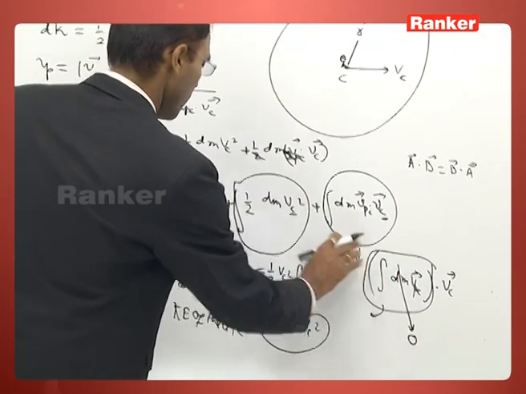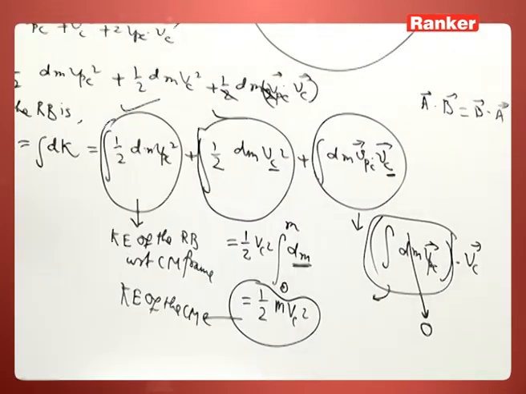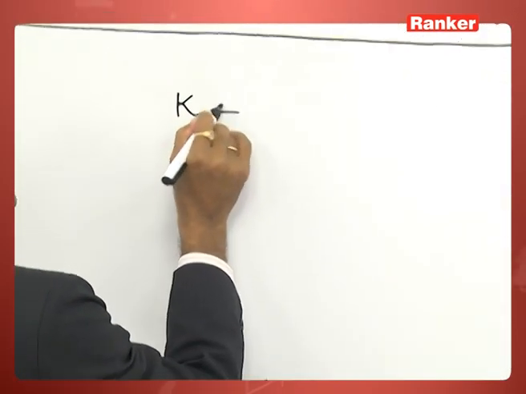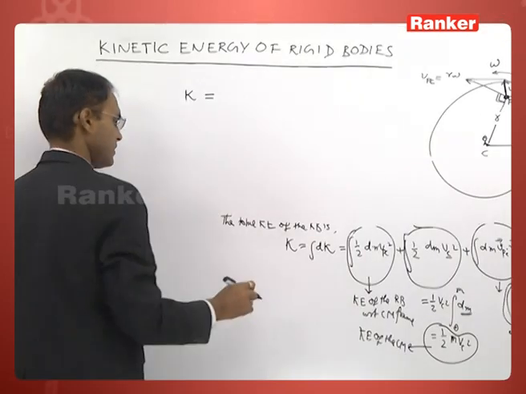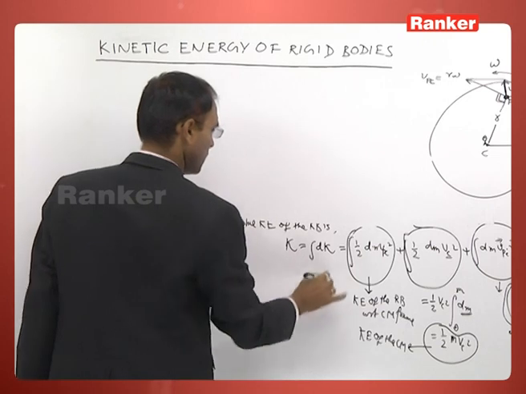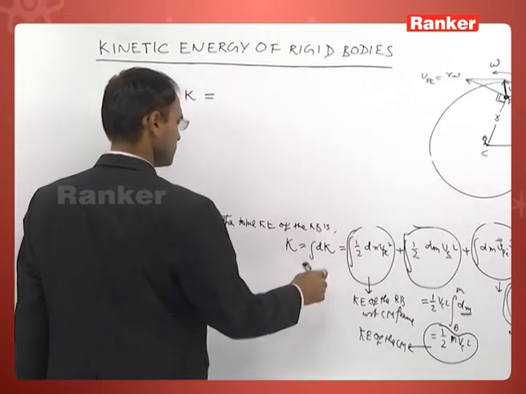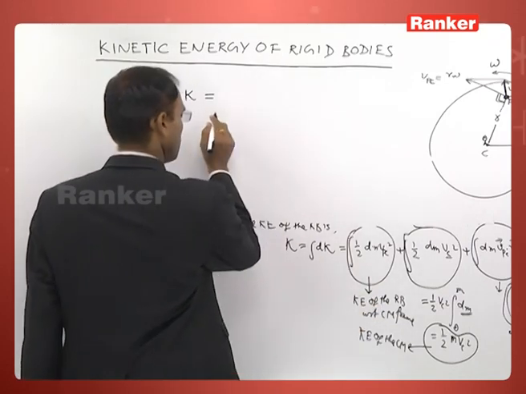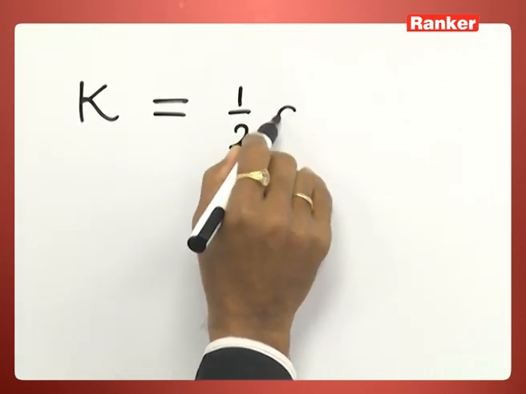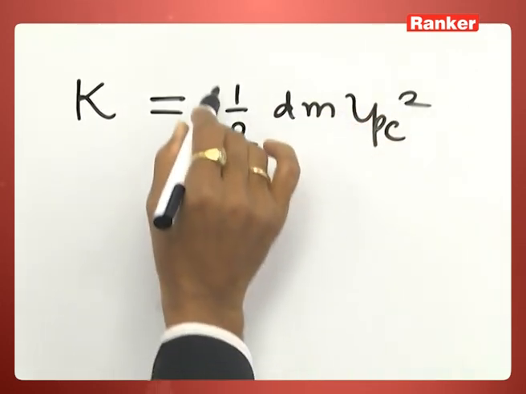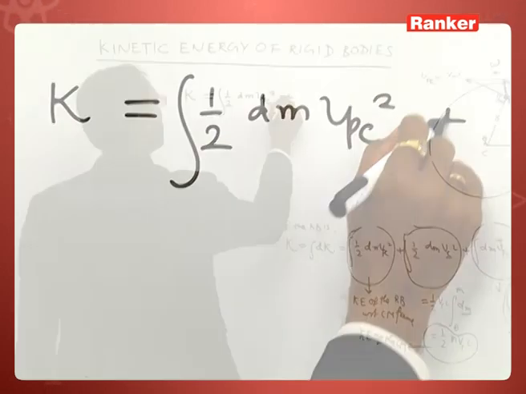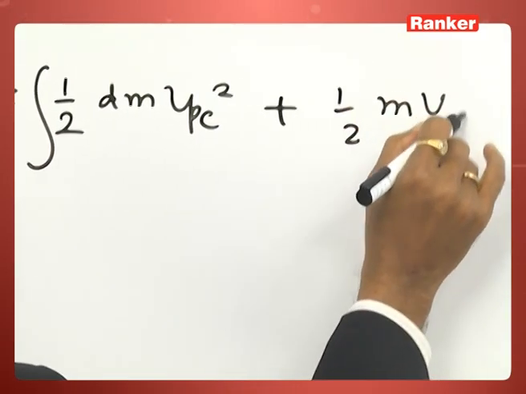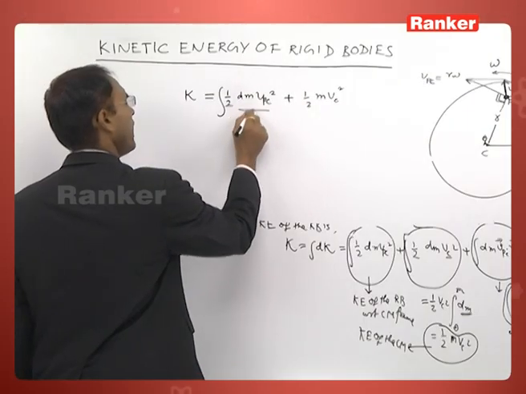In this way, we are left with two terms of kinetic energy. One is the kinetic energy of the rigid body with respect to the center of mass frame, equal to the integral of half dm Vpc square, plus half M Vc square.